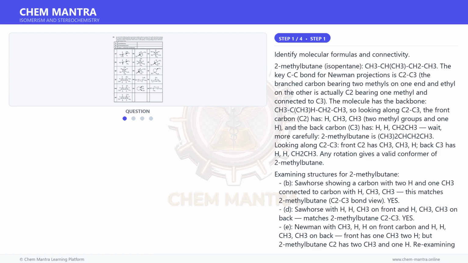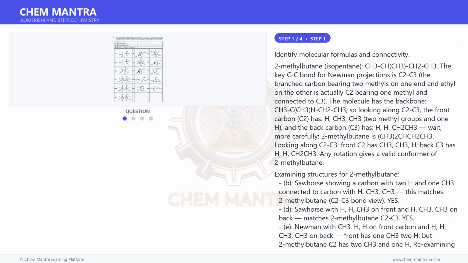The back carbon in E shows CH3 bottom, CH3 bottom right, H left. This matches C2 of 2-methylbutane, 2 methyls plus H. Front has CH3, H, H matching C3, with 1 methyl from the C4 side.